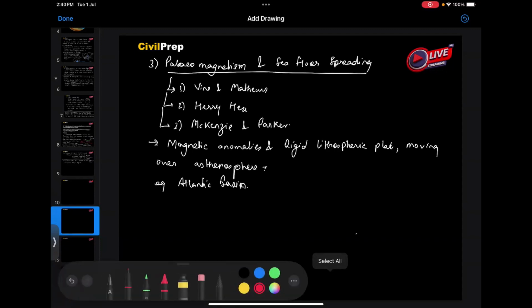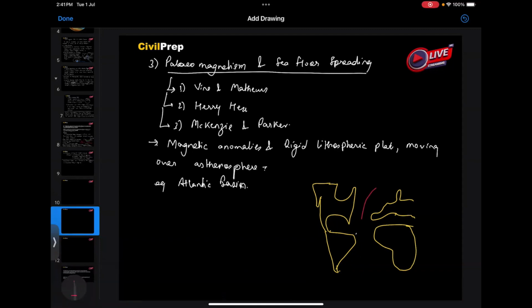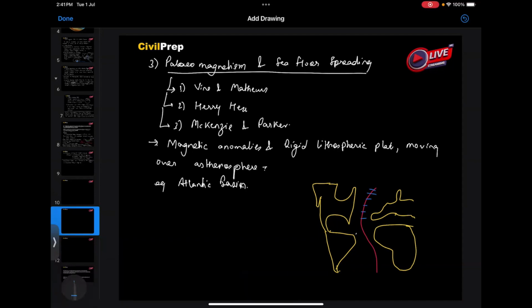Here we have the presence of mid-oceanic ridges, which are present almost parallel to the MOR.